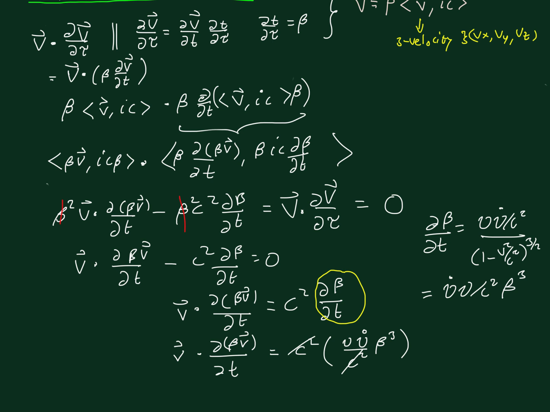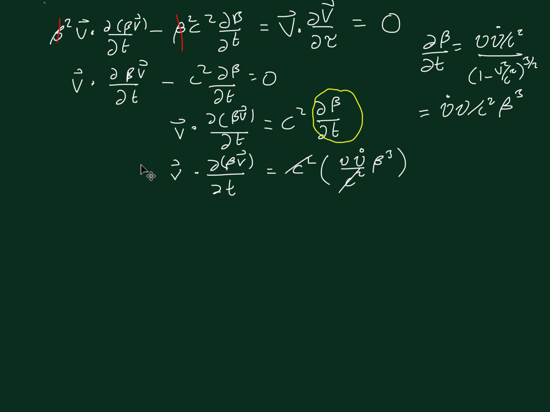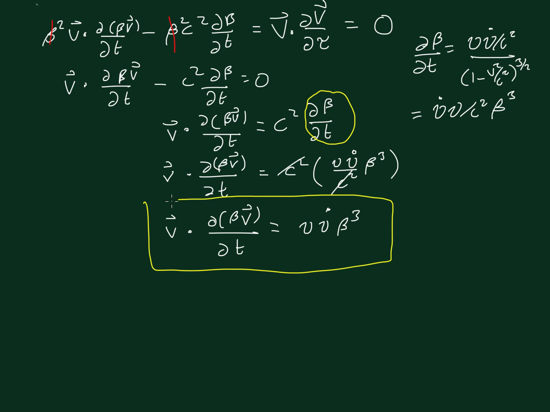So this just leaves us with the term that we're looking for: v dot d(beta v)/dt is equal to v times v dot multiplied by beta cubed. So we've managed to prove the relationship.